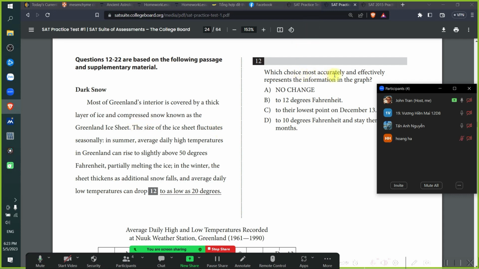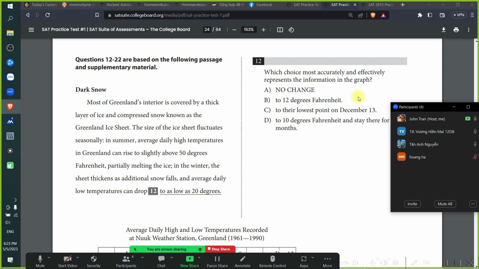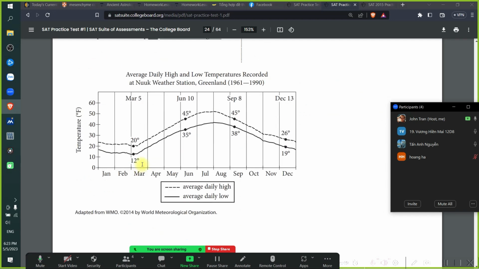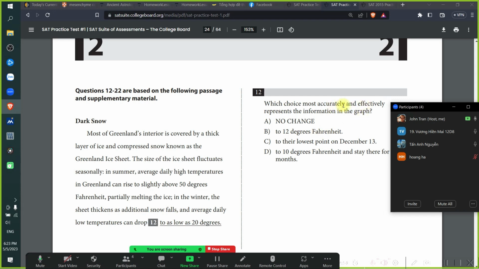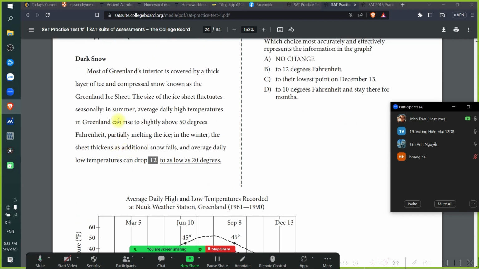Which choice most accurately and effectively represents the information in the graph? Sự lựa chọn nào nó đại diện cho thông tin trong cái graph này một cách chính xác nhất và hiệu quả nhất? So here you can say, most of Greenland's interior is covered by a thick layer of ice and compressed snow, known as the Greenland ice sheet.